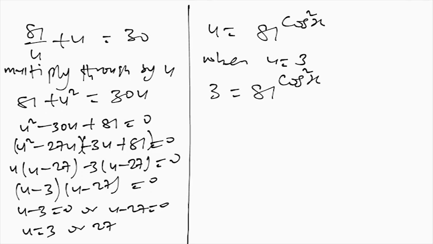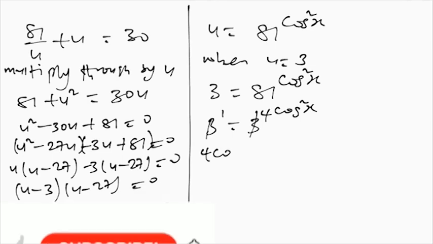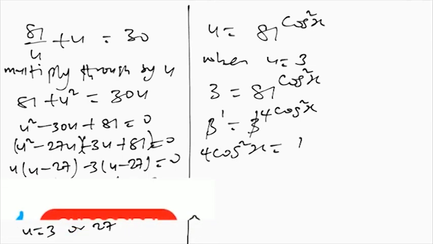And 81 is the same thing as 3 raised to the power 4. So this will give us 3 raised to the power 1 equals 3 raised to the power 4 cos square x. This will cancel out. So then 4 cos square x will be equal to 1.